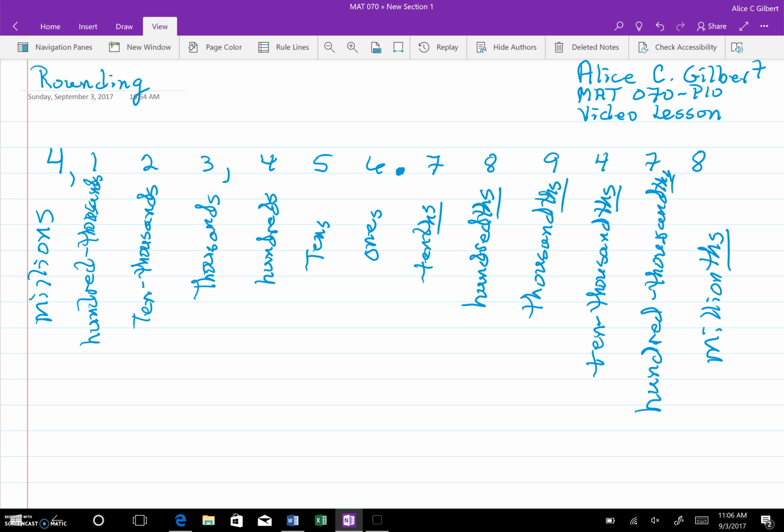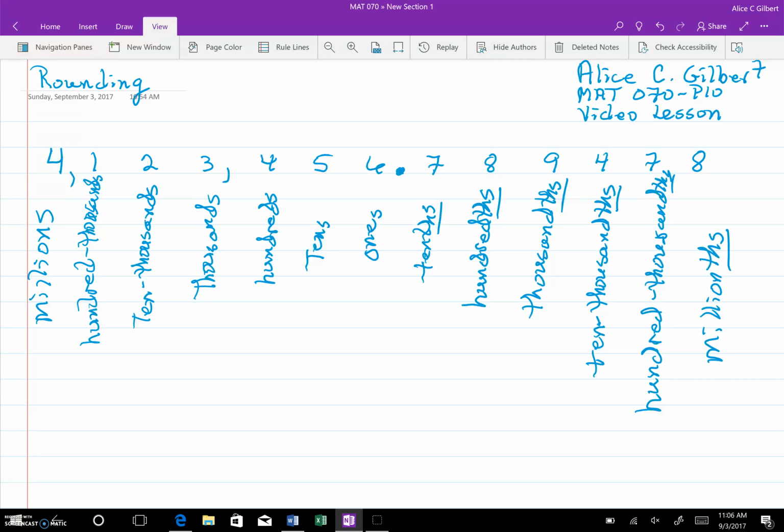Make sure you know these, very important, but even more important is knowing the places to the right. Those we seem to have trouble with. So to begin with, going to the right of the decimal point, no, there is no such thing as once. Okay, we always start with tenths. And do you notice that every single word to the right of the decimal point ends in a THS?